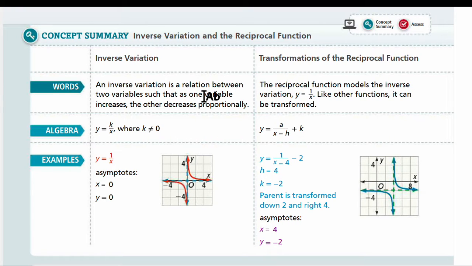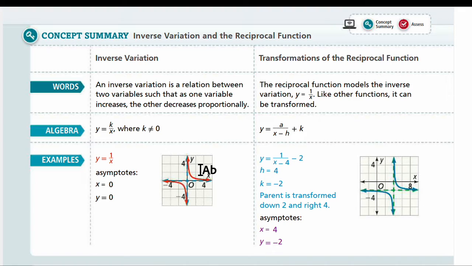Inverse variation and the reciprocal function were the key ideas that we have looked at in this lesson. So remember that inverse variation has two variables where the relationship is inversely related. So they're not directly proportional.